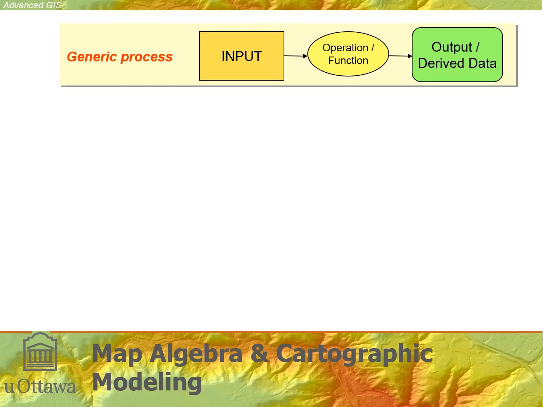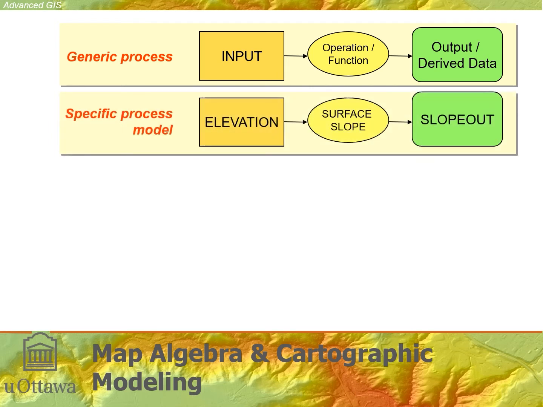Here's a contrasting way that we can do one thing in two ways, both in generic process or cartographic modeling. So we start with our generic process for a cartographic model process. We make it specific. We've seen this. Elevation, then we have a specific function and then a specific output name.